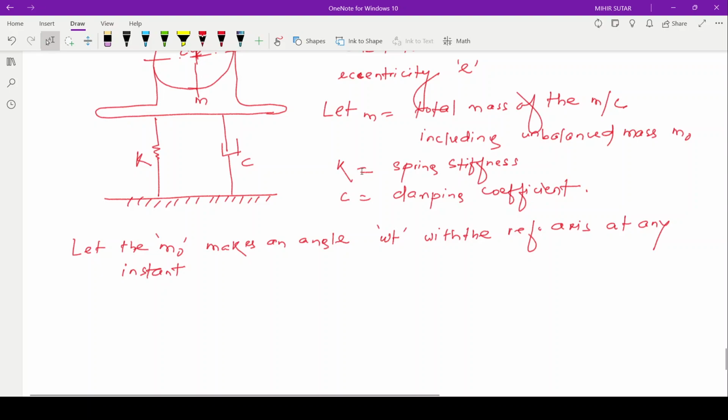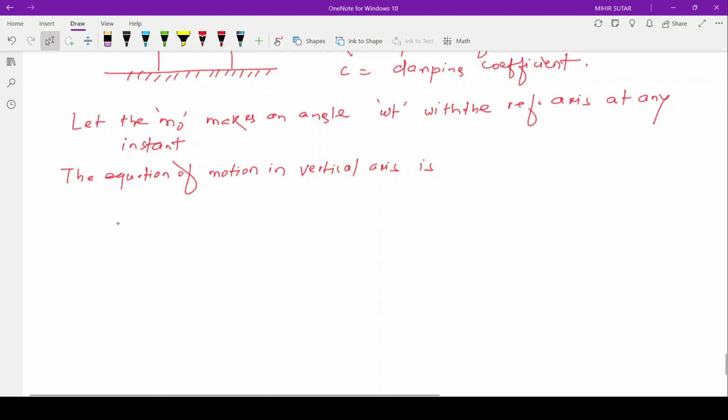So the equation of motion in vertical axis will be: (m minus m0) d square x by dt square plus m0 d square by dt square of (x plus e sin omega t).